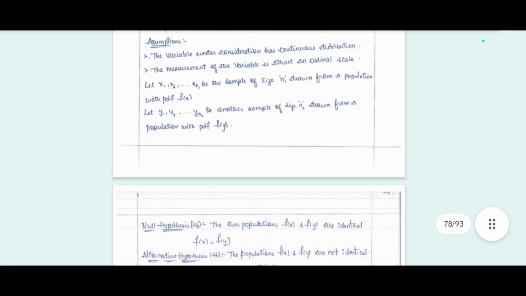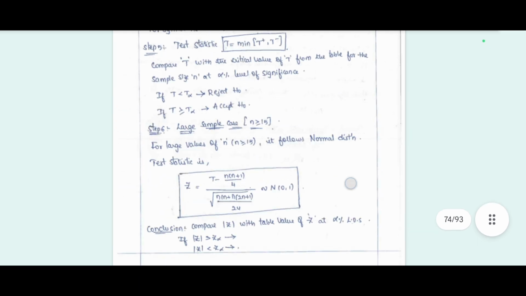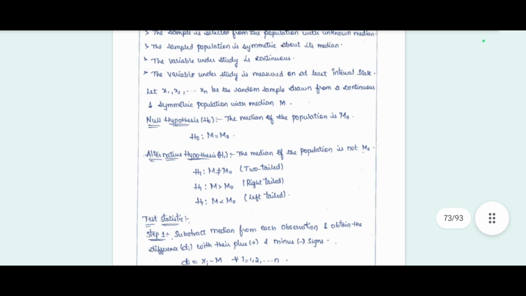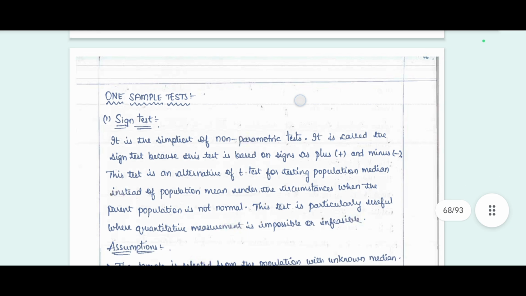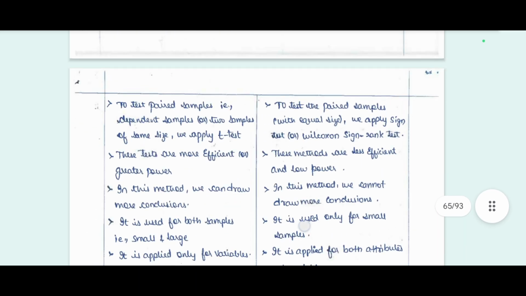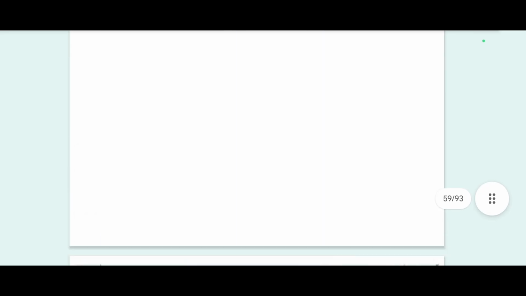We are going to learn about some small sample tests. We discussed the large sample tests also, which are very important and easy to calculate. Before going to that, here we have to discuss the t-test for single mean.